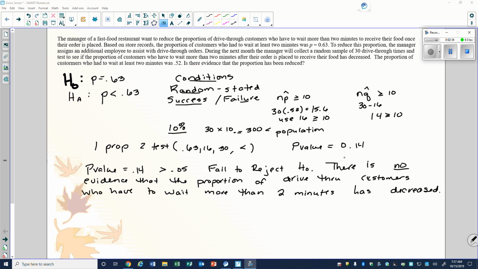And what I come up with is a p-value of 0.14, which is greater than the alpha level I was testing at, which was 0.05. So I'm going to fail to reject the null hypothesis, which means there is no evidence that the proportion of drive-through customers who have to wait more than 2 minutes has decreased. It has stayed the same.